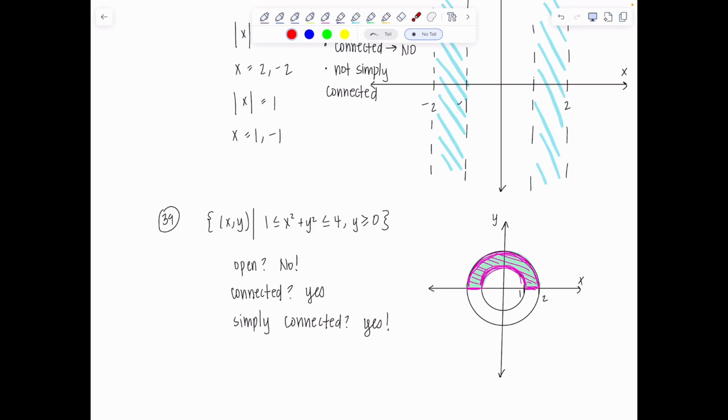Kyle, why does it becoming a full circle shift though? Because if it was a full circle, then we would include all this, and I can draw a simple closed curve that stays entirely in D and contains points that are not in D. But it wouldn't, even if you cut it in half?